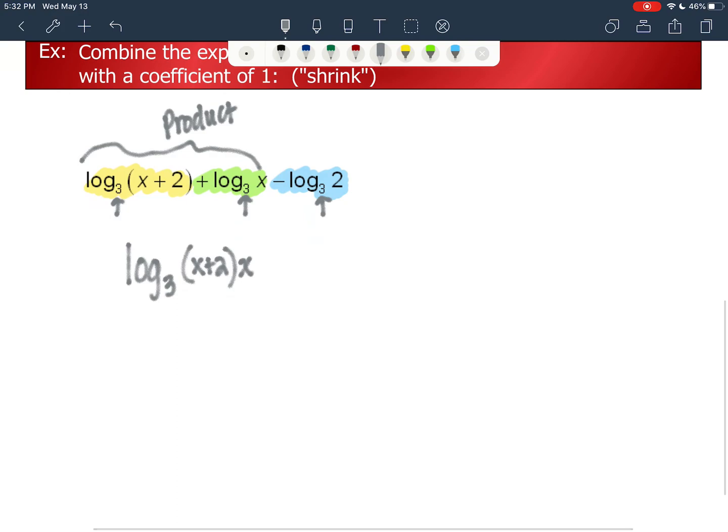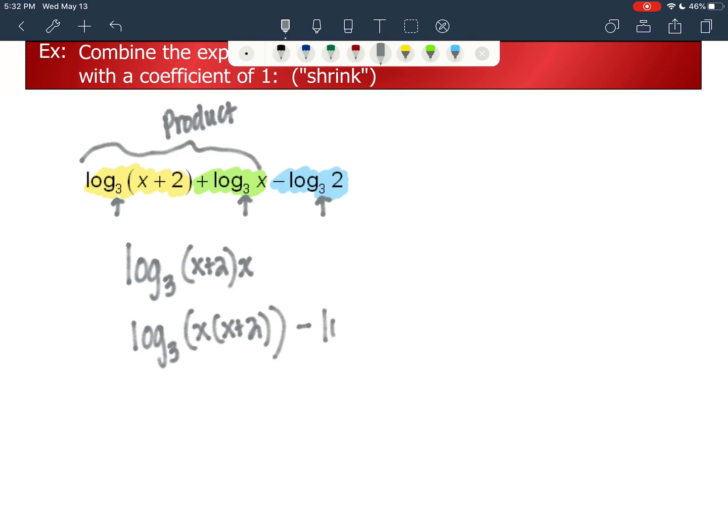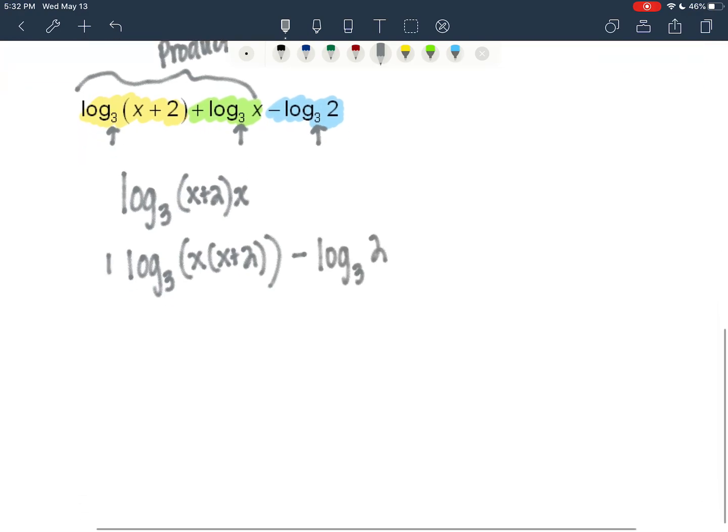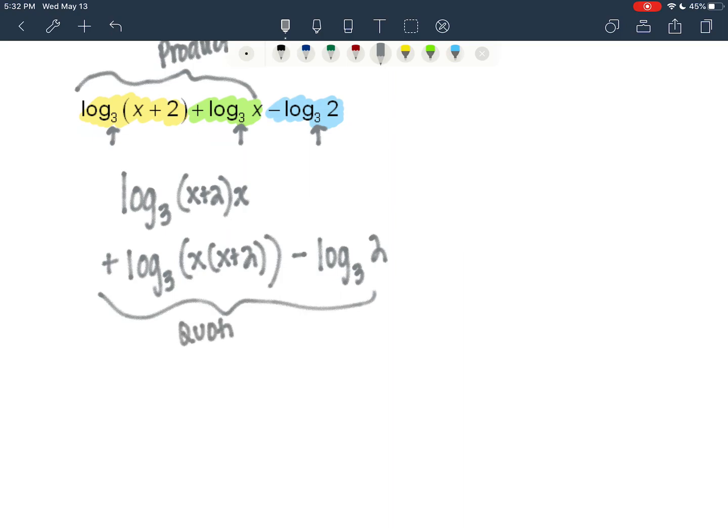Now I'm going to rewrite that log base 3 of x times x plus 2. So there's my product rule, minus log base 3 of 2. So now I have a positive logarithm and a negative logarithm. Now we're going to use the quotient rule. So this is our quotient rule now.